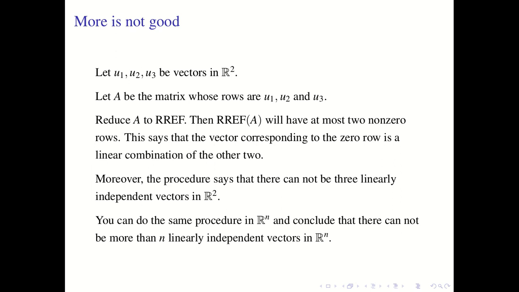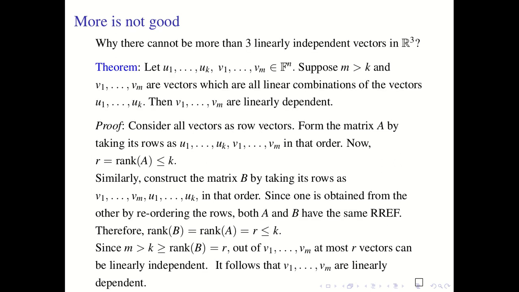One can in fact prove a little more. See, in R3 you see that it is a span of e1, e2, e3. So if you take more than three vectors in the span of e1, e2, e3, they will be linearly dependent, is what we have observed.